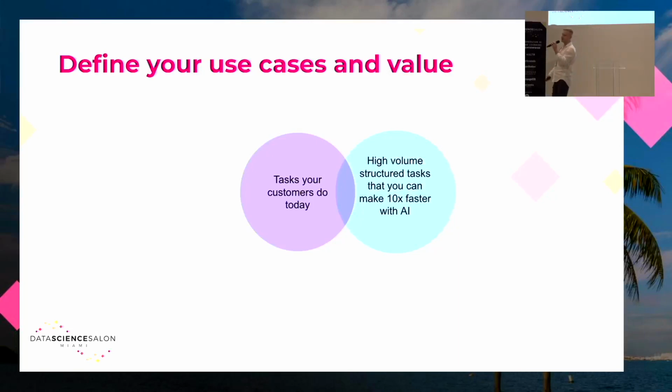Let's try to be a little bit more interactive. What do you think will be a high volume use case, for example, at LinkedIn, that generative AI can help with? Any guesses? Customer service, yes. Where do you think exactly in customer service? So replying to people.